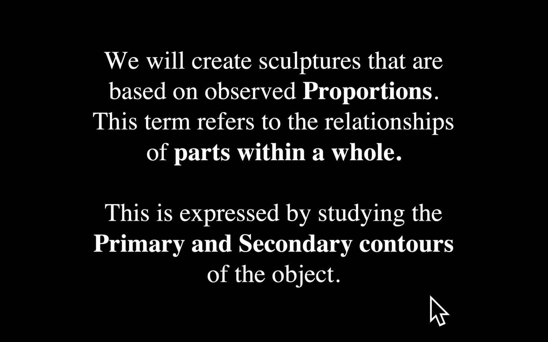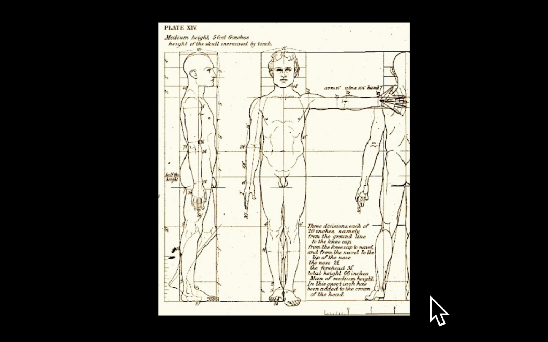Does that make sense? So it's the size of those and it's the placement of those that creates a well-drawn hand or a well-sculpted hand. So studying those primary and secondary contours of the object and how they fit within that whole is going to be really important.